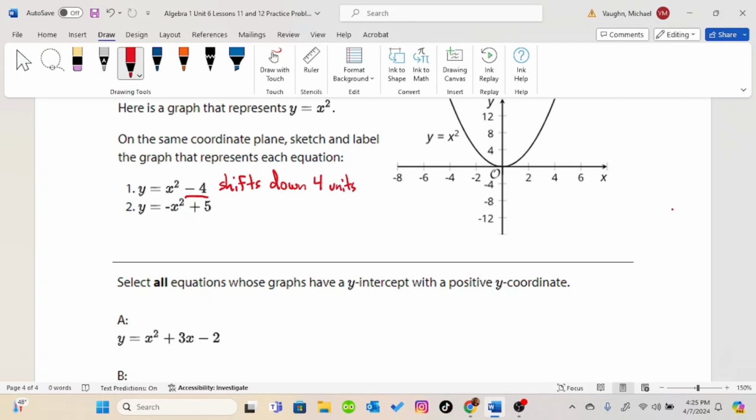So all we have to do is go to each point and shift it down 4 units. And then you can draw your parabola.